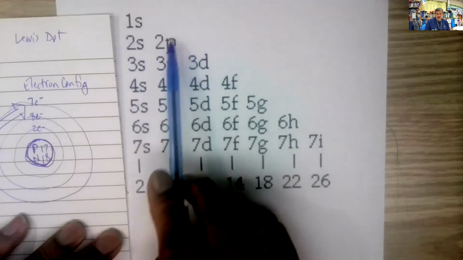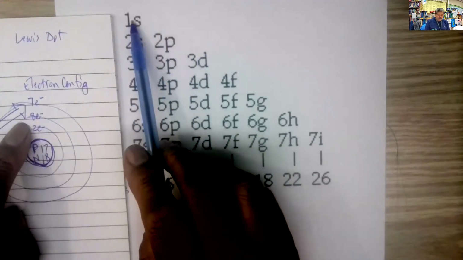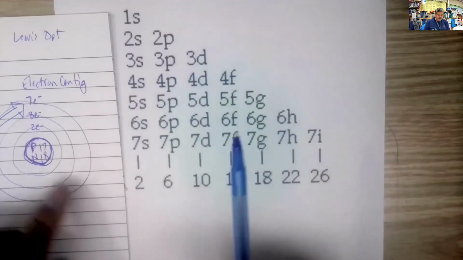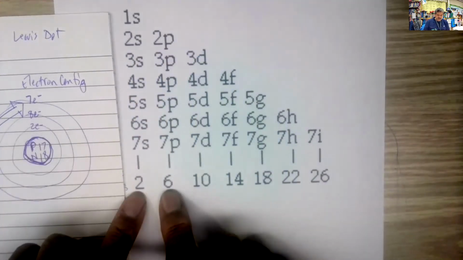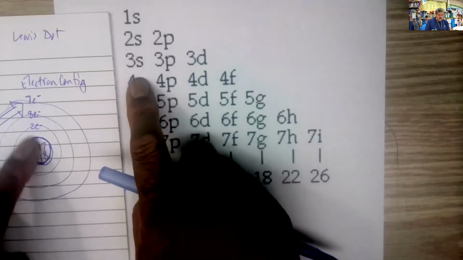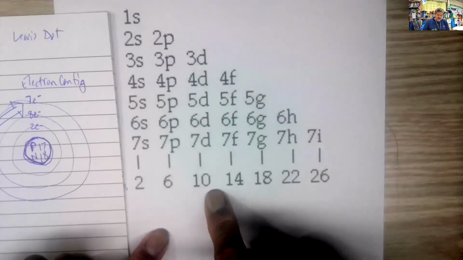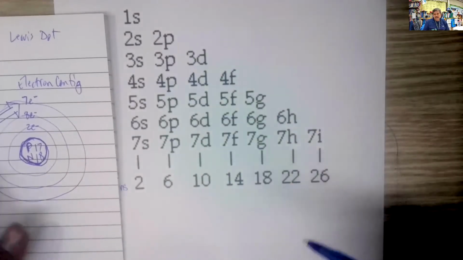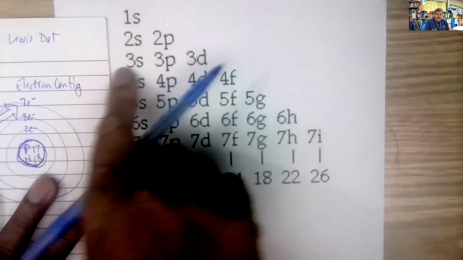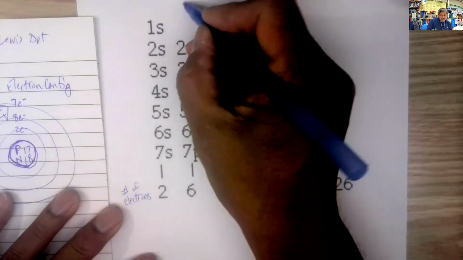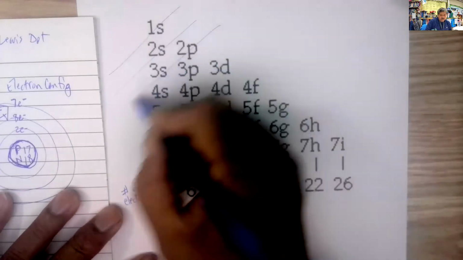Here's the first energy level that has 2 electrons. Here's the second energy level, which can hold 8. 2 plus 6 is 8. The third energy level also holds 8, but there's a third part that has 10. But you don't fill them up just like that. So what we do is we draw lines that go like this.